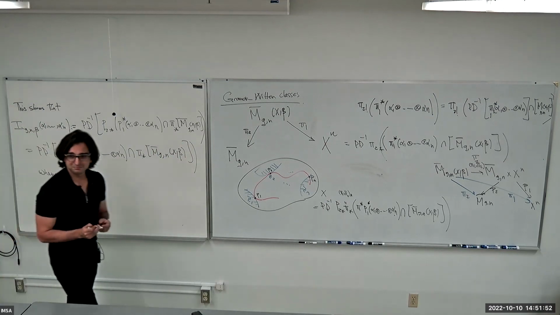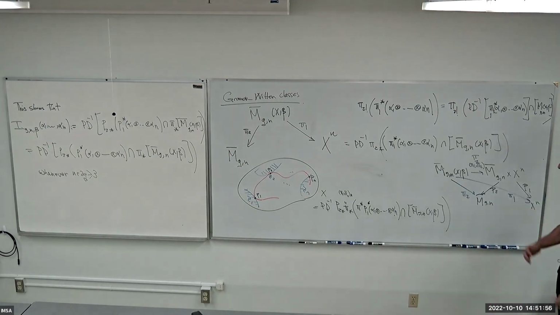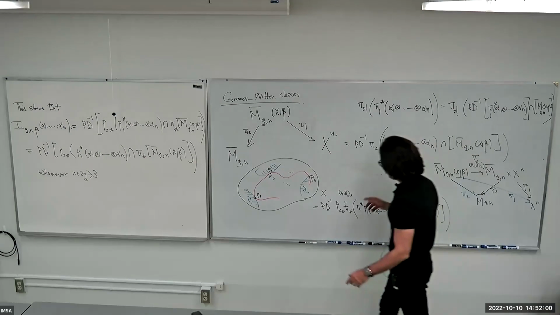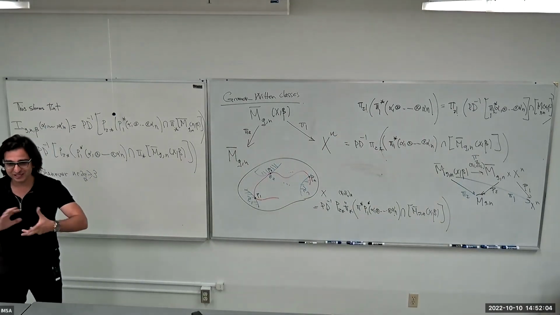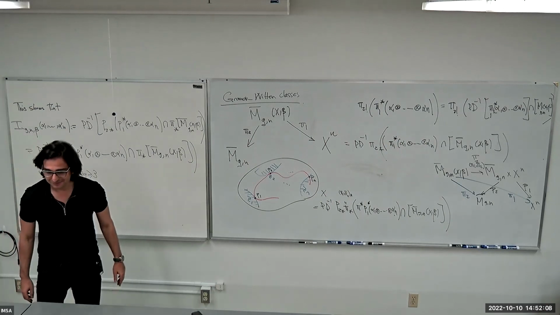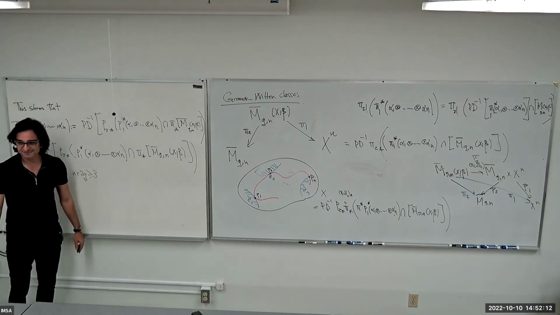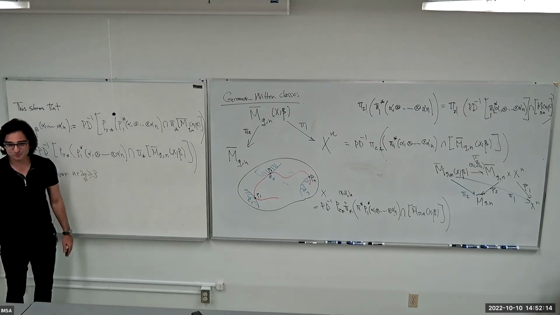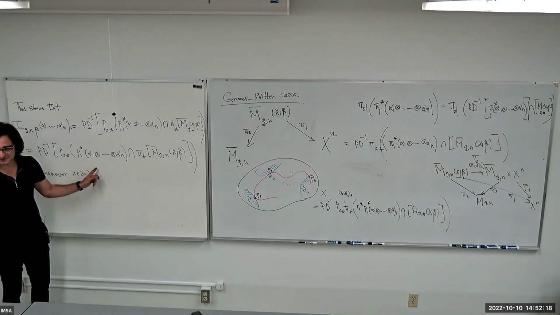So, why did I do that? Because I told you that this Gysin push forward has a particular definition involving Poincare dualization. There is no Gysin pushforward anymore here. That's what pi_2 lower star does. That's the definition.